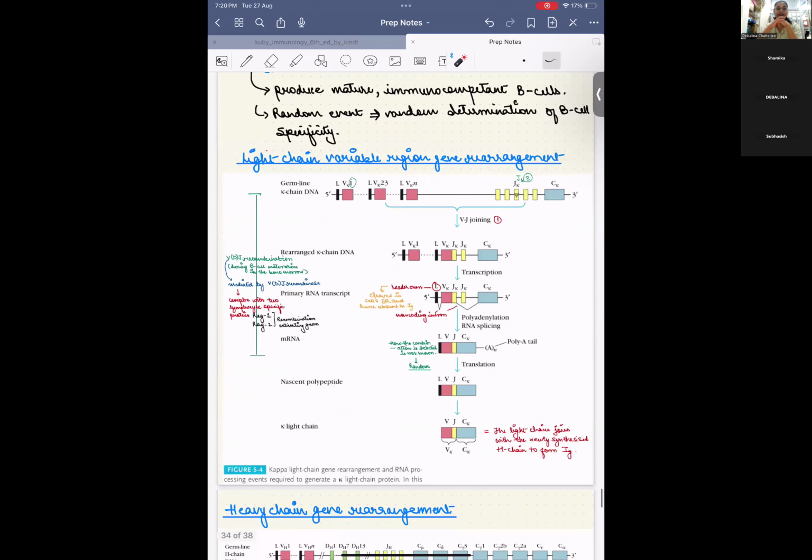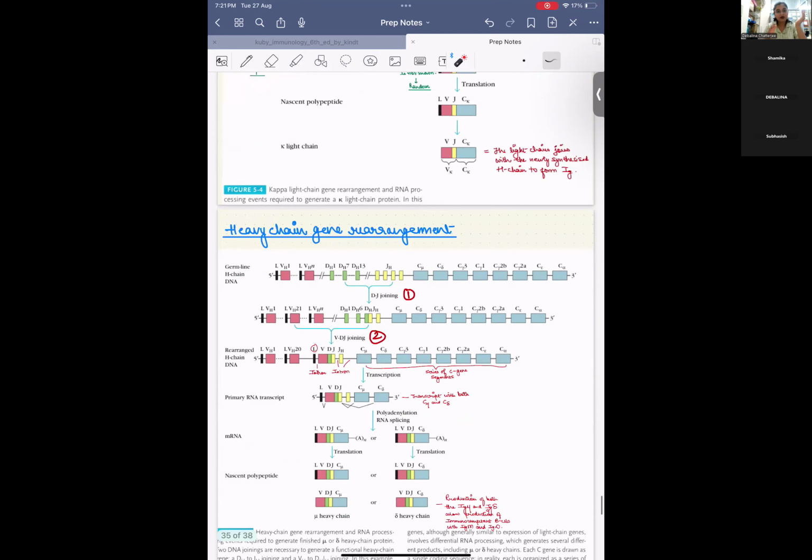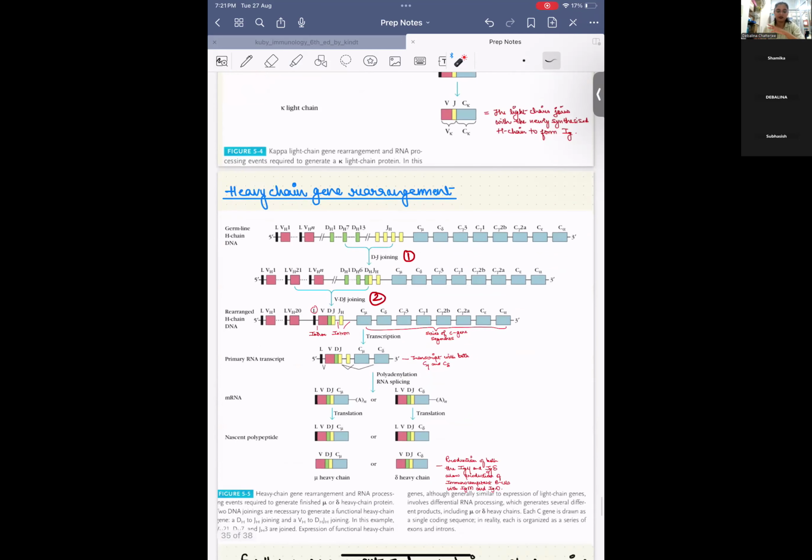See, when we talk about the V gene for either the light chain or the heavy chain, it is going to code for the N terminal of the antibody molecule. The N terminal, if you remember, is where the antigen binding site is. So we have different variable regions which can come together with either of the J segments, which together can again come together with either C kappa if you're talking about light chain, or with any of the C segments present for the heavy chain.